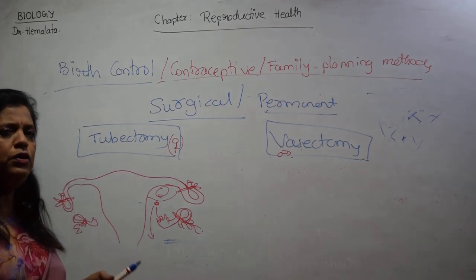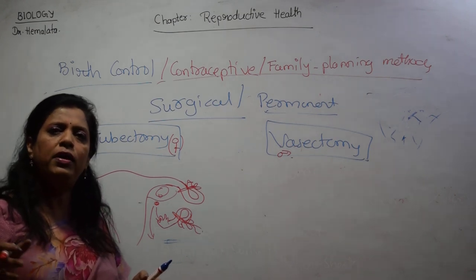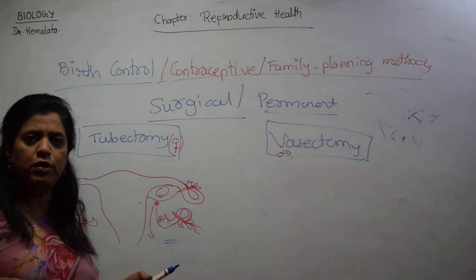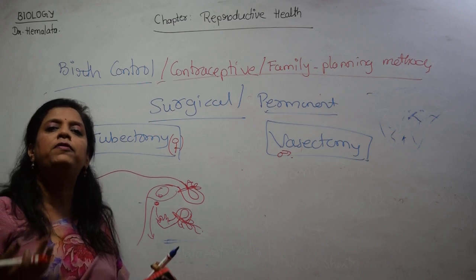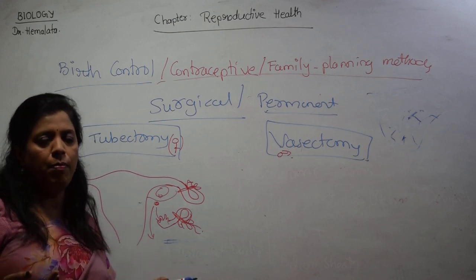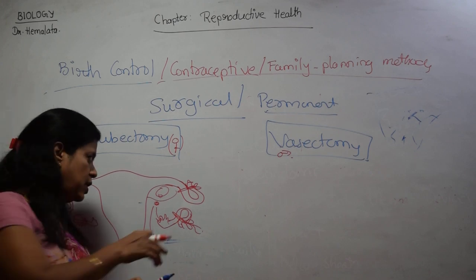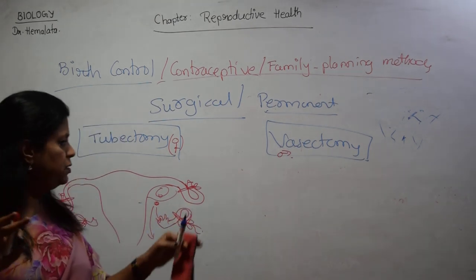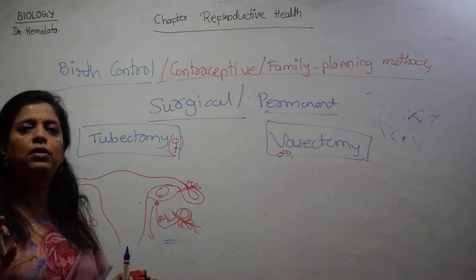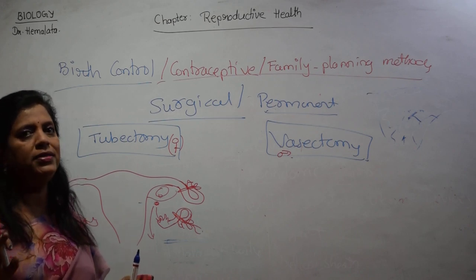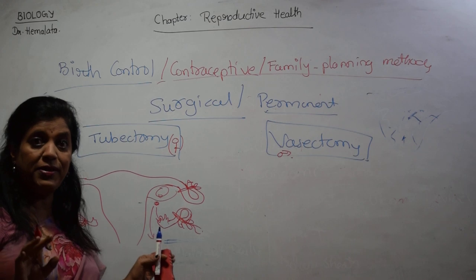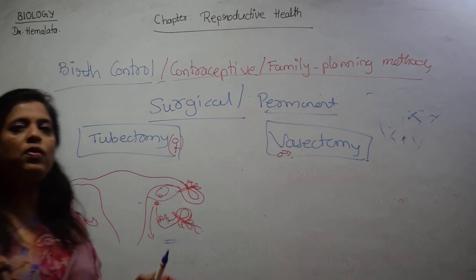You can get questions in CET or NEET on how tubectomy can be reversed, or which surgical method can be reversed. But the main thing is that this is the major method for total family planning, a total contraceptive method. It is a surgical method.